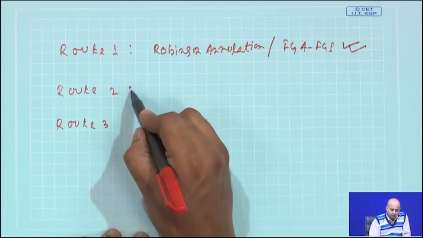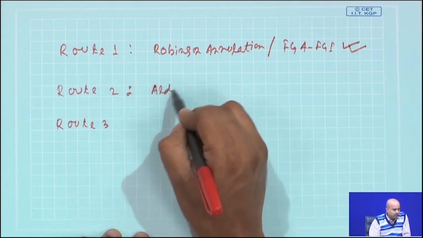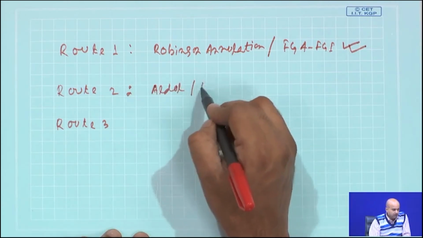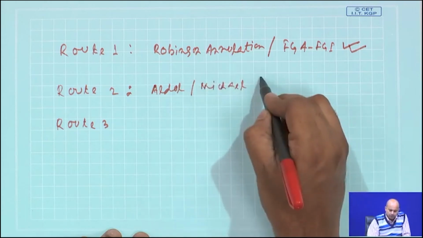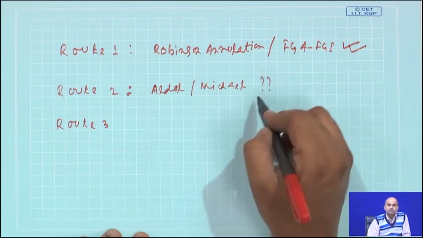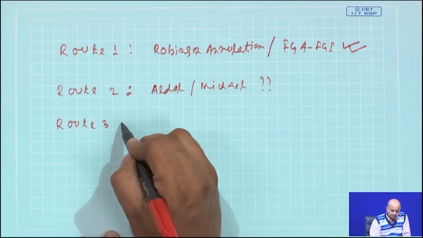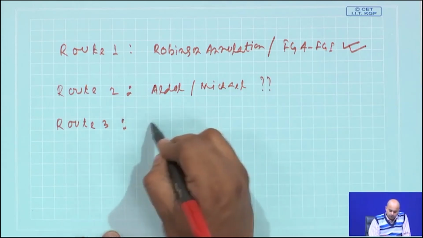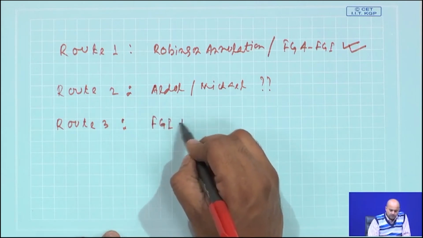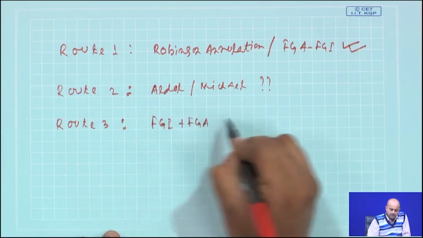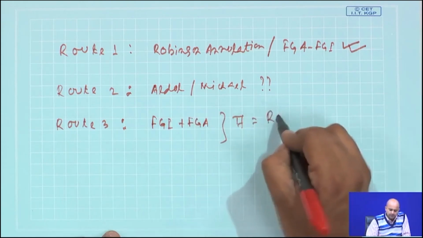Route 2 was again based on an aldol Michael pathway, but this route is a little bit dicey at the starting material, which contains multiple carbonyl groups. Route 3 is also based on a couple of FGI plus functional group addition, and the key transformation is again the Robinson annulation.